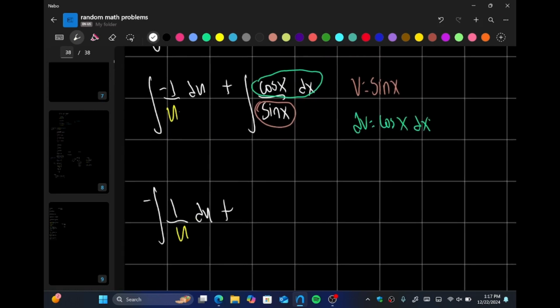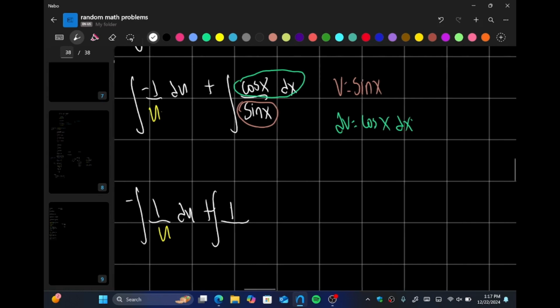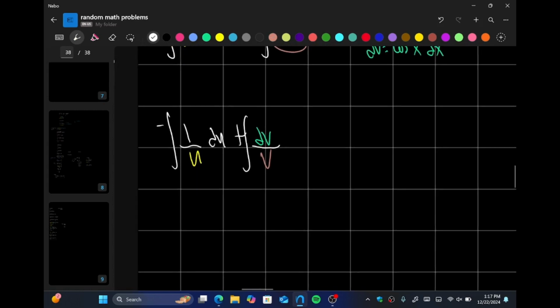So it's going to be dv over v, which is negative ln of absolute value of u plus natural log of absolute value of v, at least I think, right?